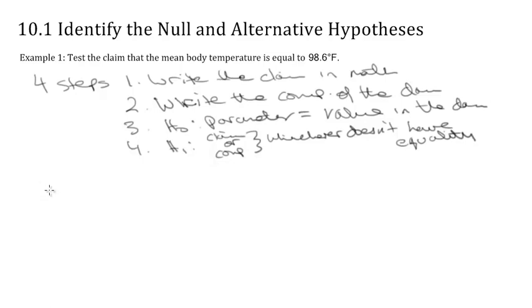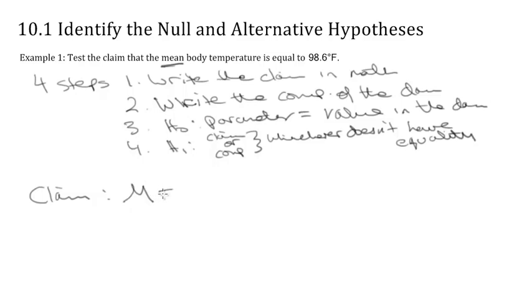So in our example, write the claim in math. Well, our claim is either going to be about means or proportions, because that's all we're covering this quarter. So that simplifies it down a little bit. And then I have a clue up here. I'm testing a claim about a mean. And the mean is either equal to something, not equal to, greater than, less than or equal to, greater than or equal to.